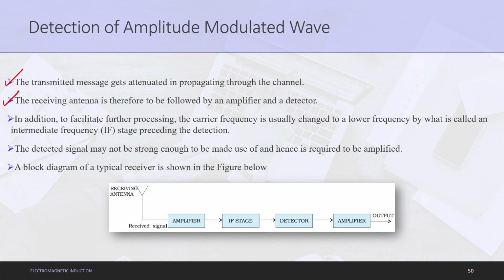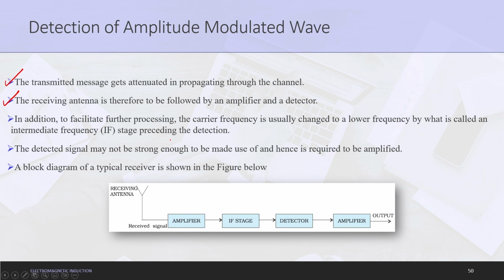In addition, you may wonder why there is an IF stage box here. To explain that, to facilitate further processing, the carrier frequency is usually changed to a lower frequency by what is called an intermediate frequency stage preceding the detection.